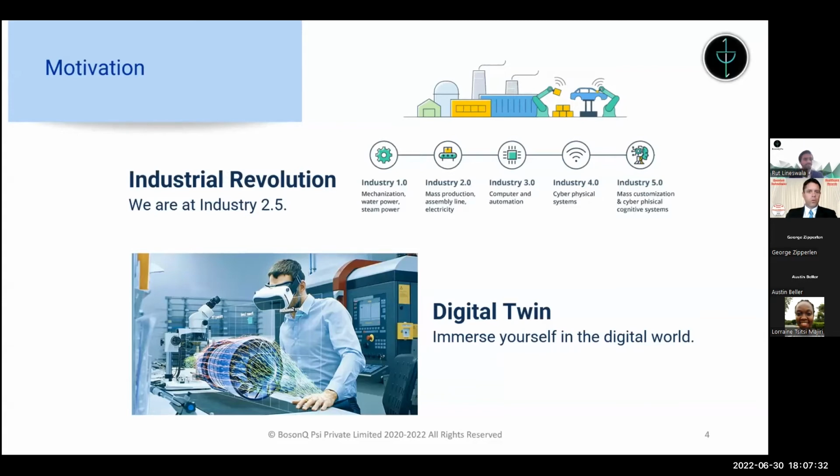The second point, from the industry point of view, of what they want to get towards is this whole aspect of the digital twin. Some of you might have heard this concept, but essentially industries want to digitalize everything.